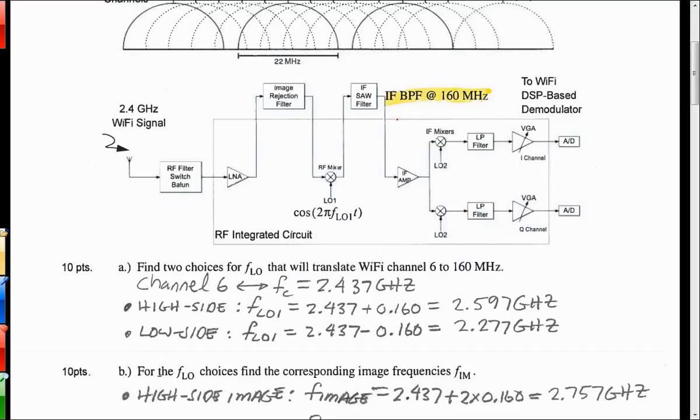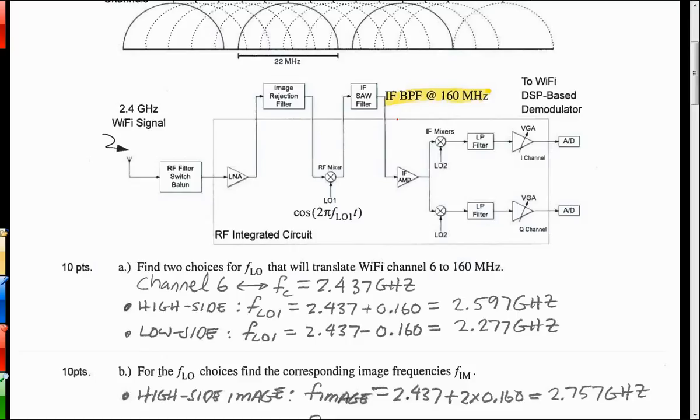So in the day when this chip was designed, the filters had to be off chip. You know, in some RF CMOS designs, you can integrate filters onto the silicon itself, but a SAW filter is definitely going to be off chip, and an image reject filter more than likely would be off chip, but there are other types of designs out there.